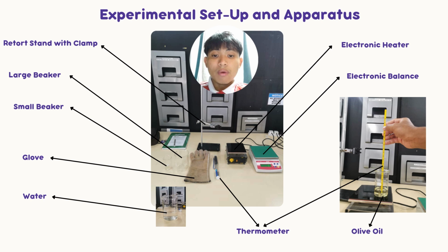First of all, we have the retort stand with lamp, the large and small beakers, the electronic heater, the electronic balance, the thermometer, and the second substance, which is olive oil. We have gloves, and last but not least, water.